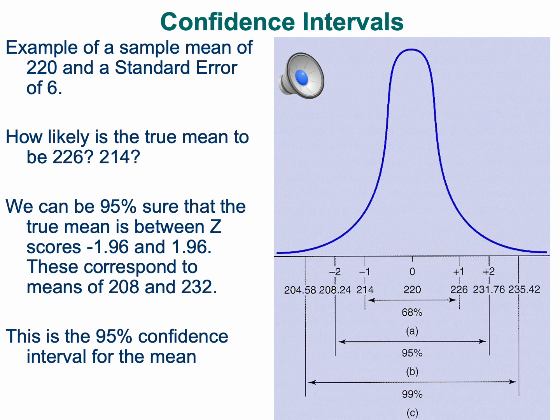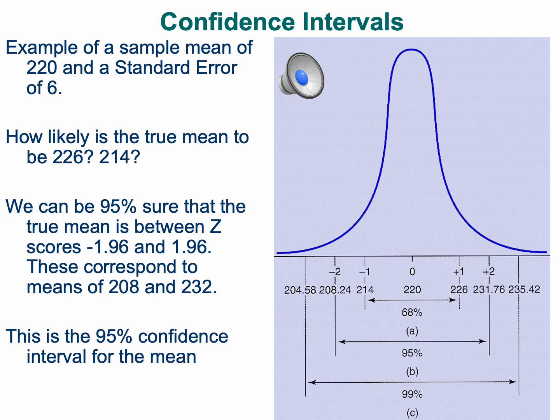That corresponds, in this situation, when you've got a standard error of 6, to a mean of 208 on one end of the distribution and a mean of 232 on the other end. So you can be 95% sure the true mean of the population is between the values of 208 and 232. Now remember, your sample mean was 220.